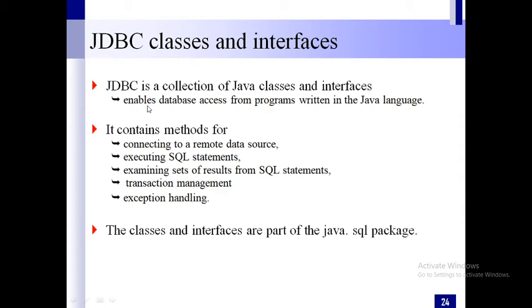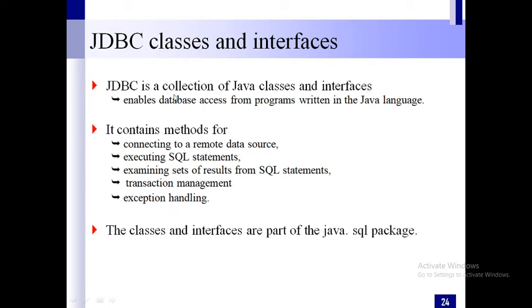Because to enable database access from programs which are written in the Java language, we need Java classes and interfaces. So these Java classes and interfaces are included, or combined, in the JDBC.